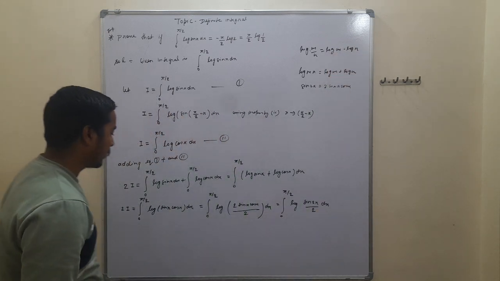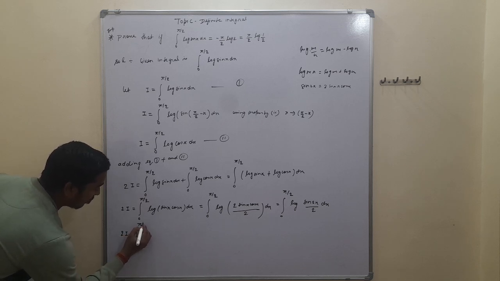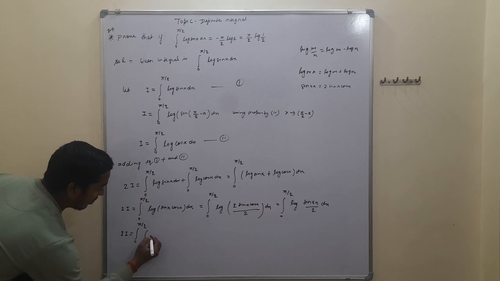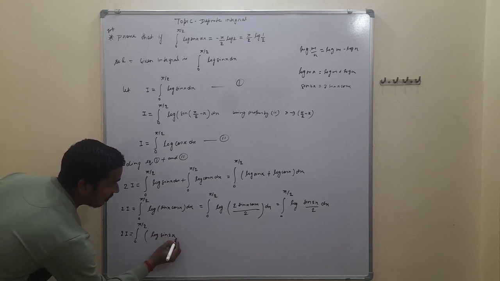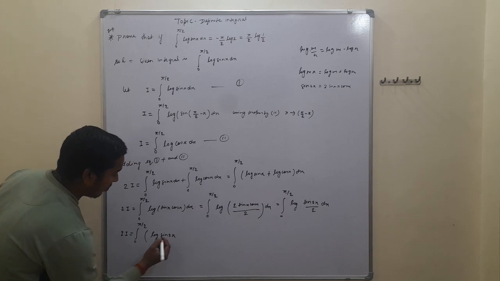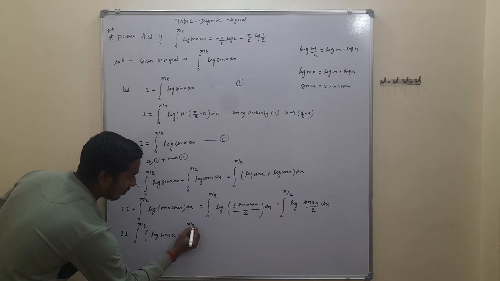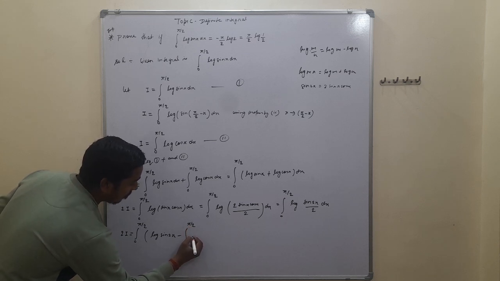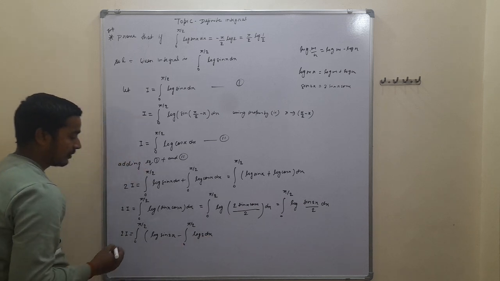So 2I is equal to the integral with limits 0 to pi by 2 of log sin 2x, minus the integral with limits 0 to pi by 2 of log 2 into dx.